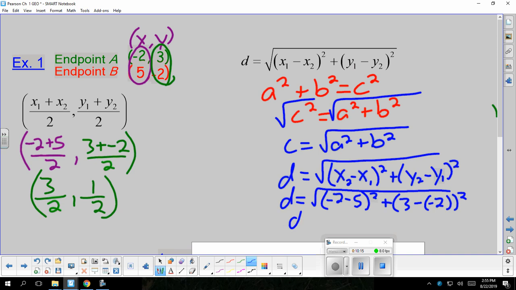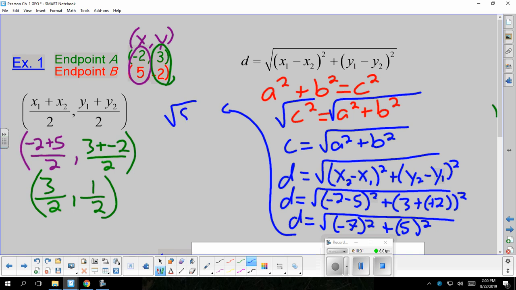D equals the square root of negative 7 squared plus, add the opposite, 5 squared. And I end up with the square root of 49 plus 25. So I'll do it one step further. We have 49 plus 25. And I get the distance between those 2 points as 8.6.